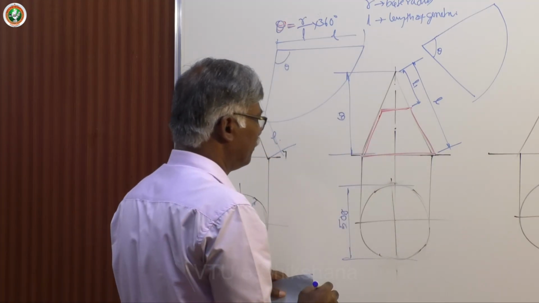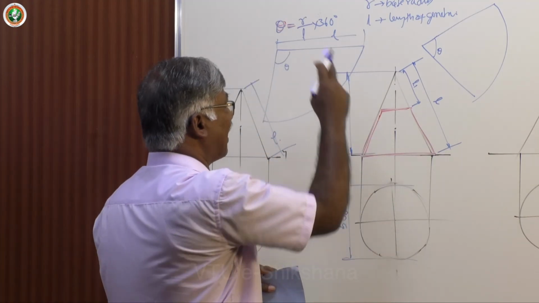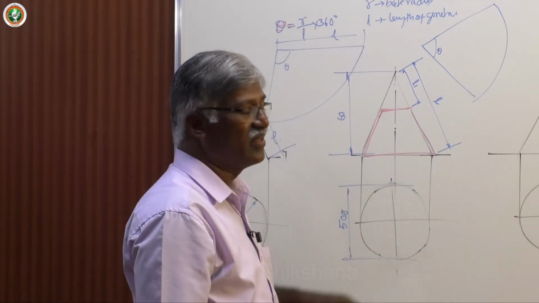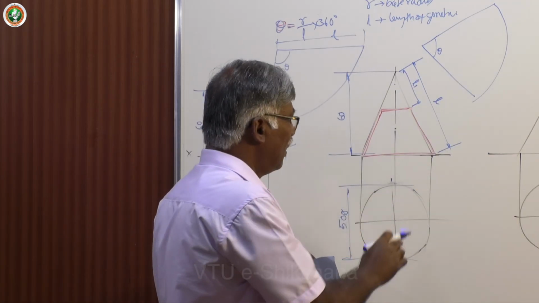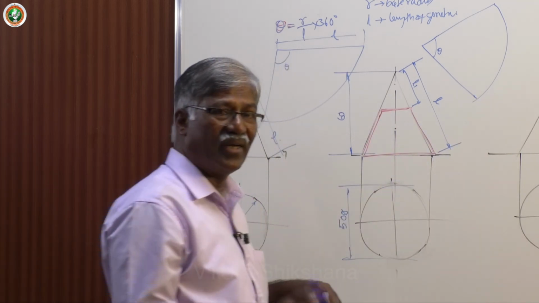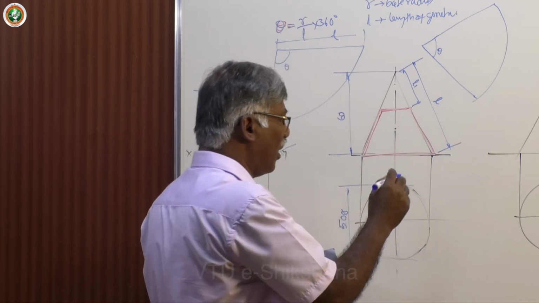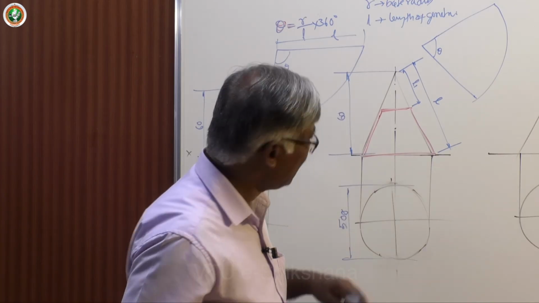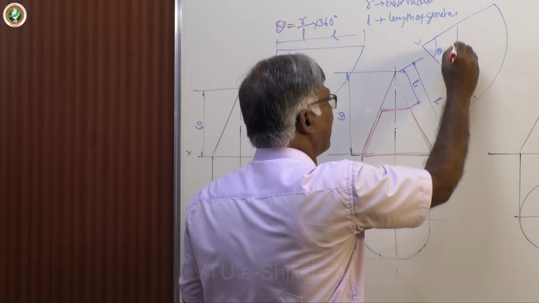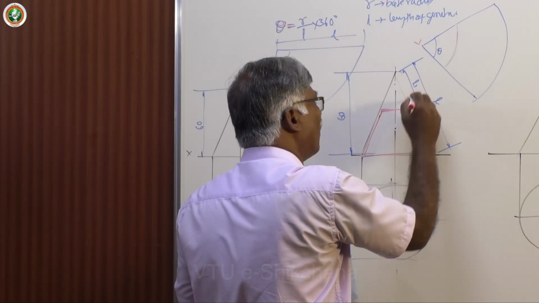Now calculate theta, you will get some value. Prepare this. Now only one arc you have to draw, that's all. Radial line method. Only one arc you have to draw, with L1 equal to radius, with V as center, draw an arc.